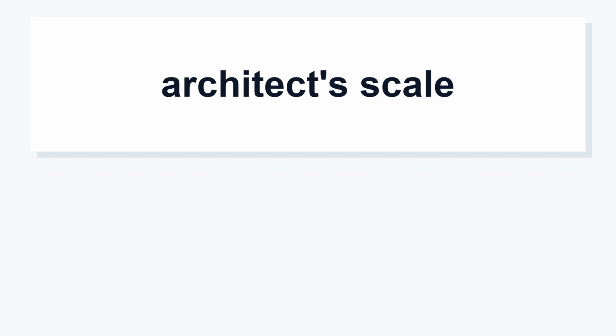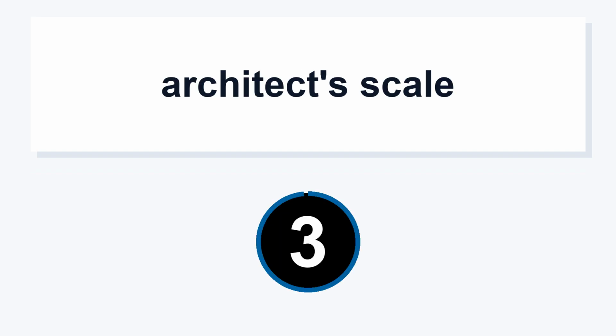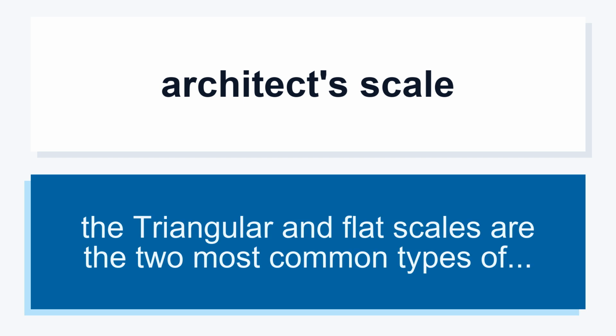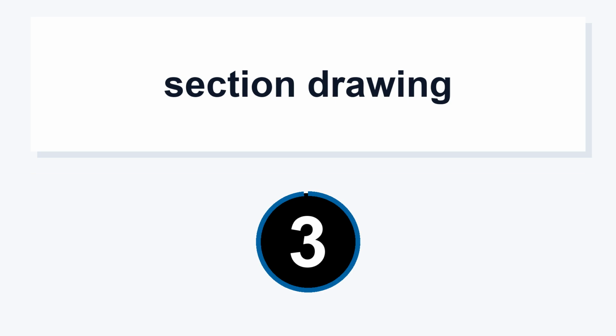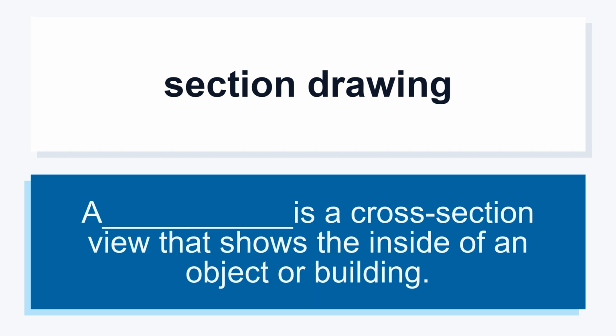Architect's scale. The triangular and flat scales are the two most common types. Section drawing. A ______ is a cross-section view that shows the inside of an object or building.